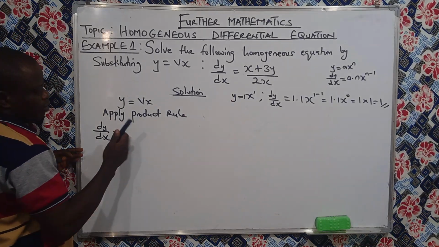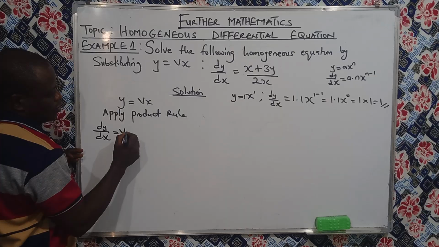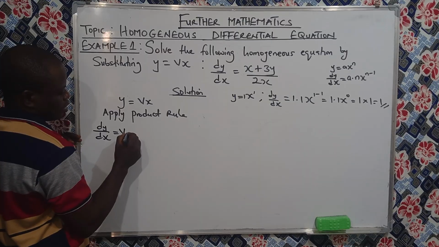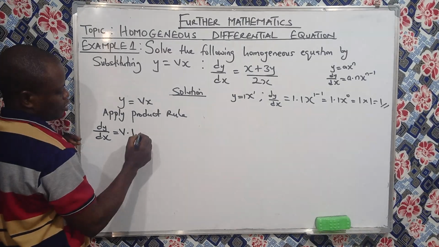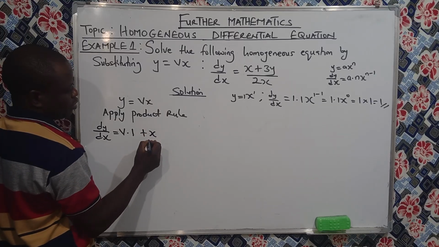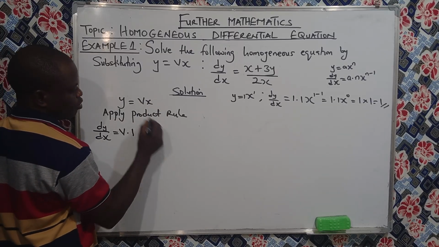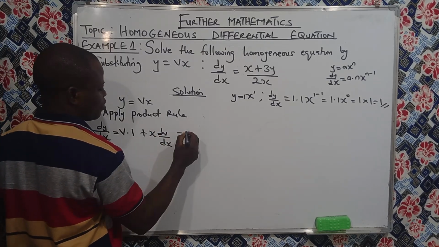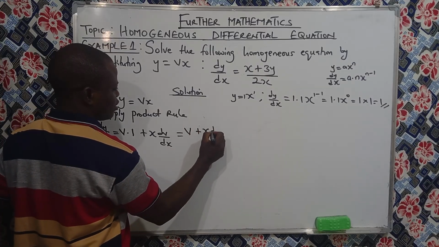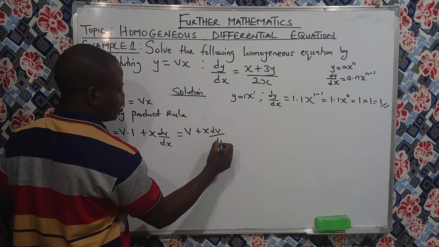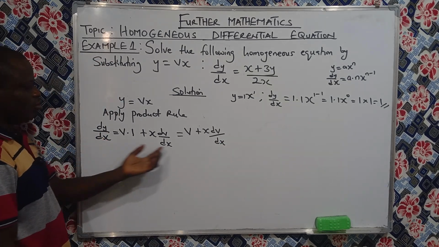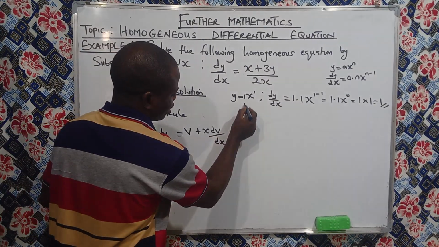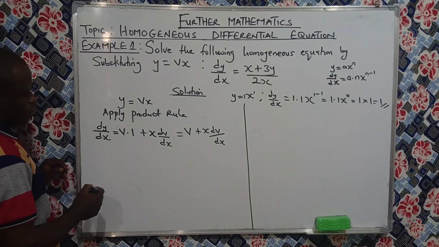Now I have v times the differentiation of x, which is 1, plus x times the differentiation of v with respect to x, dv over dx. So v times 1 is v, plus x dv over dx. Now you have gotten your dy/dx to be v plus x dv/dx.